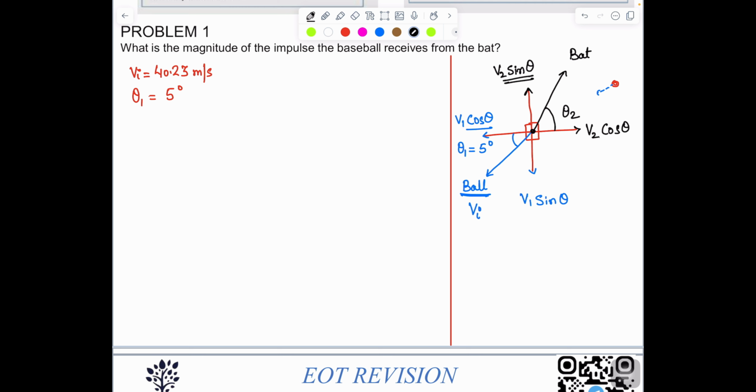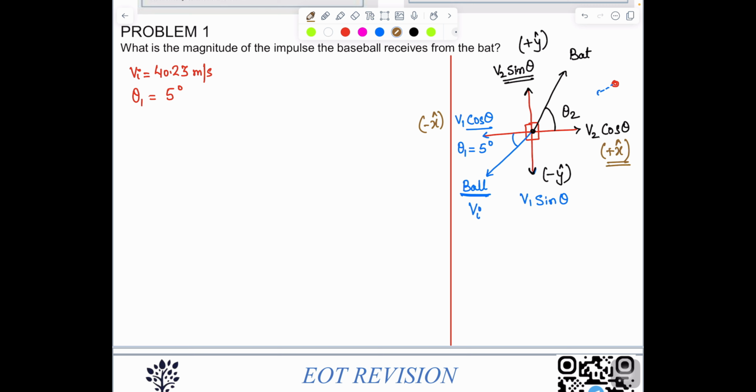You need to give the directions also. So this will be your negative y cap, this will be your positive y cap. Here it will be your negative x cap, and this will be your positive x cap.